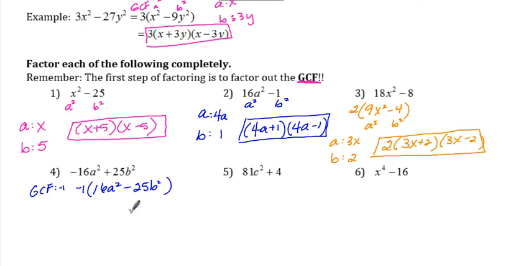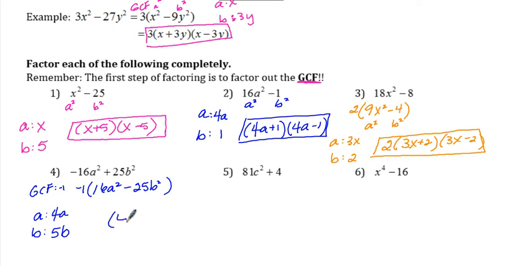Alright, so let's take a look at this now. We have something squared here, something squared here. What must they have been originally? This must have been 4a originally. This must have been 5b originally.